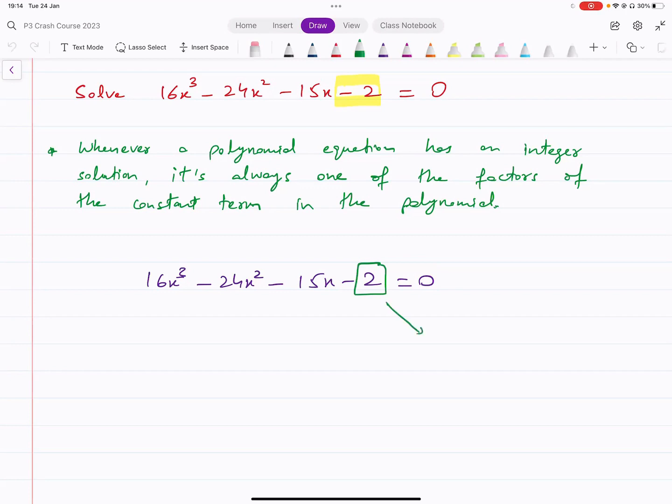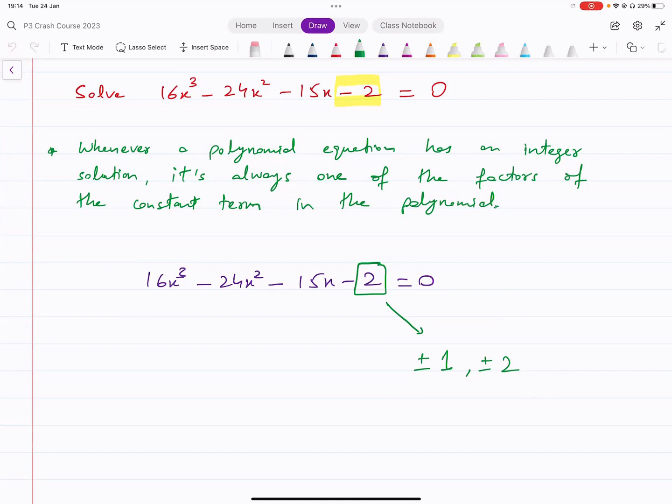So what are the factors of 2? You've got 1 and you've got 2. These are the only two factors that you've got for the number 2. But you don't just try 1 and 2, you try plus minus 1, so you try plus 1 and then minus 1, and also plus minus 2, so you try plus 2 and minus 2. If there's any integer solution for this equation, it can only be one of these four numbers. It cannot be anything apart from these numbers.